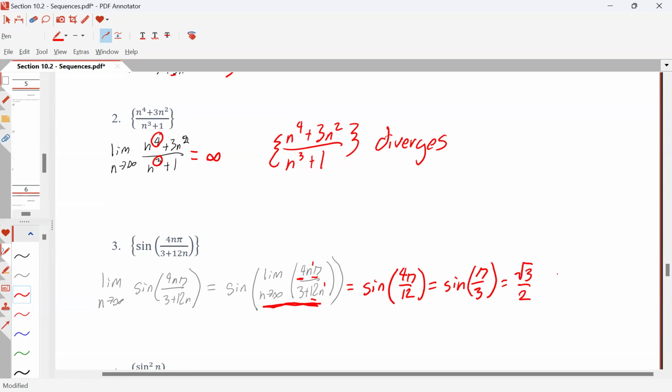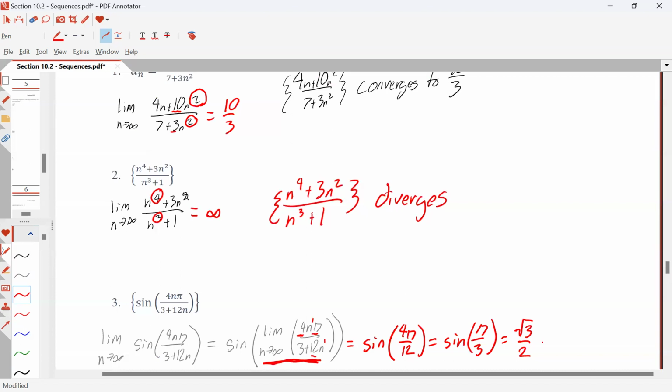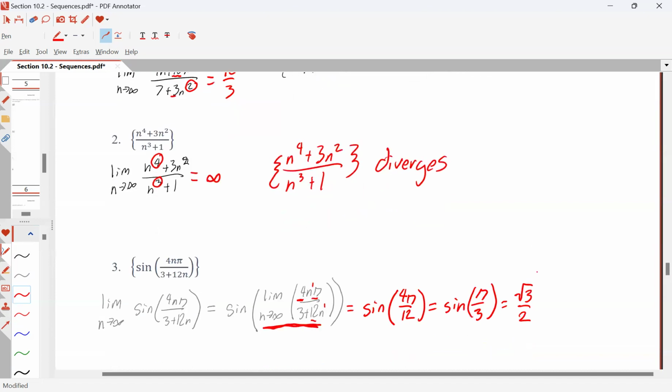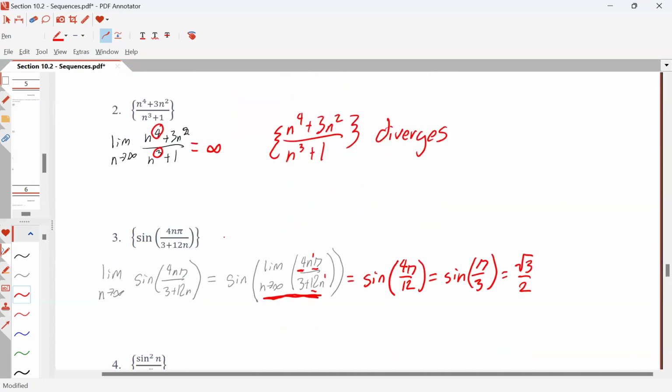So all of our function rules still stay the same. And for this last one that we just did, sine of 4n pi over 3 plus 12n converges to root 3 over 2.